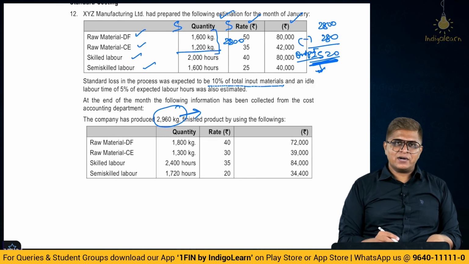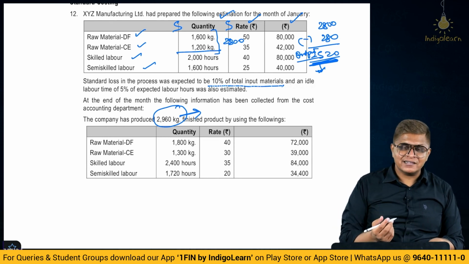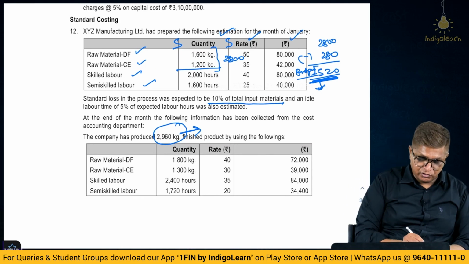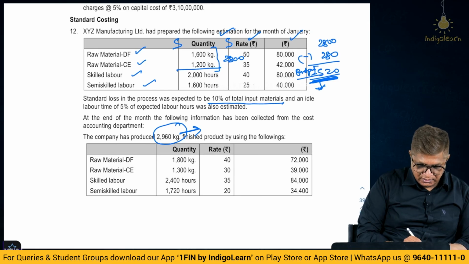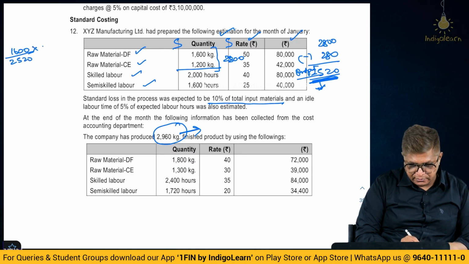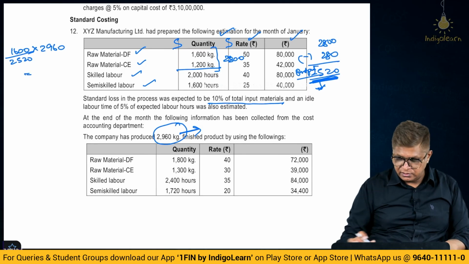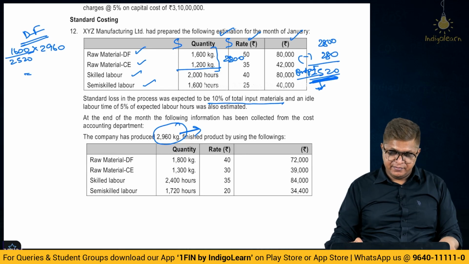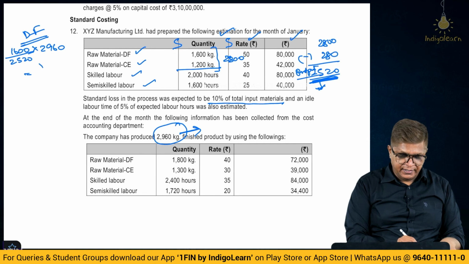So the standard quantity of material has to be extrapolated. For example, the standard quantity of raw material DF: 1600 kgs is required for 2520, so how much is required for 2960? This is for material DF. So 1600 divided by 2520 into 2960, we get 1879.36 or simply 1879 kgs.